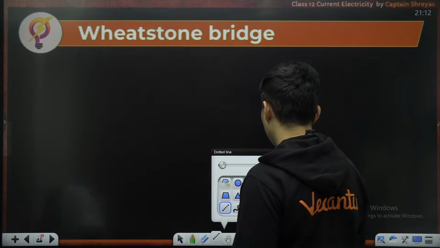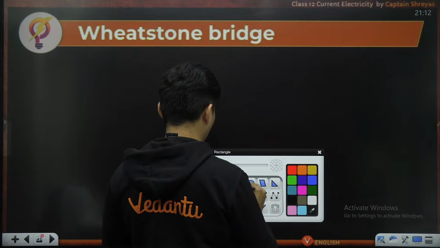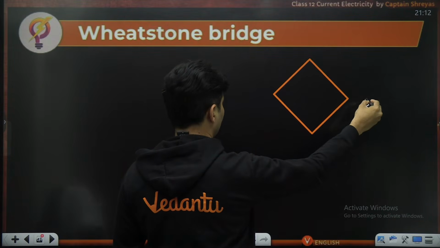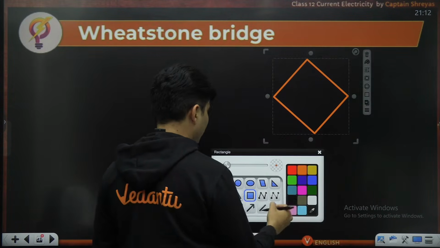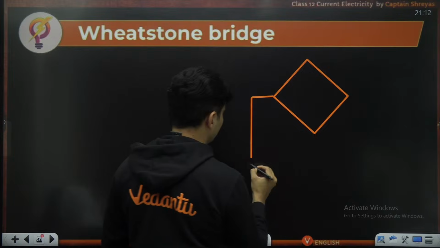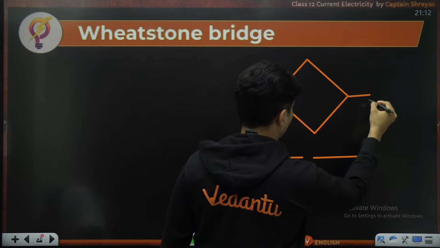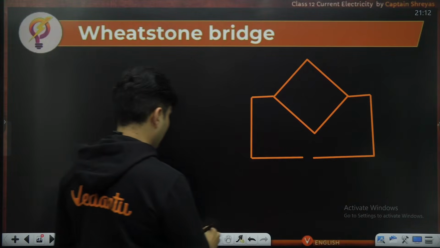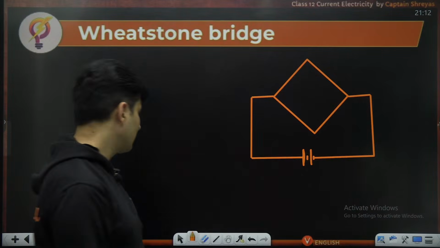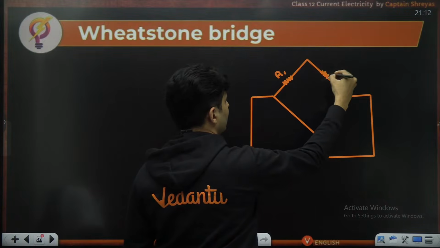So it goes something like this, where imagine you have a circuit like this, and let's say this resistance is R1, this resistance is R2.